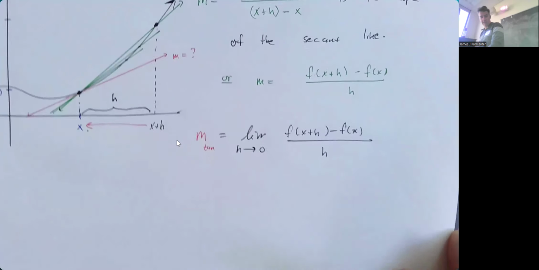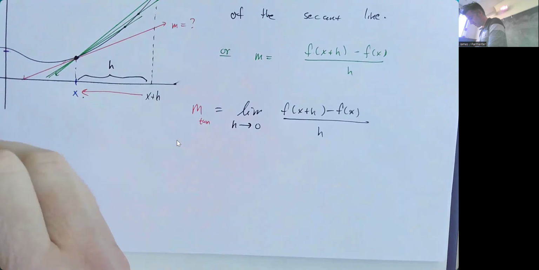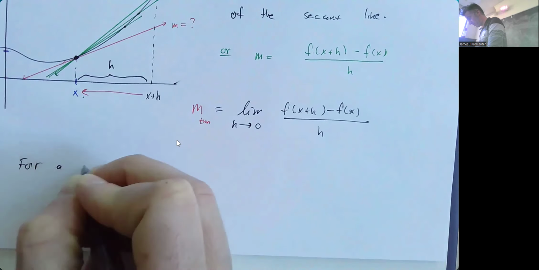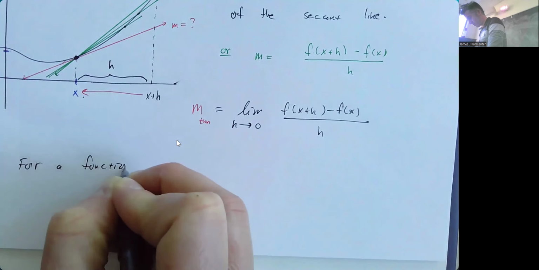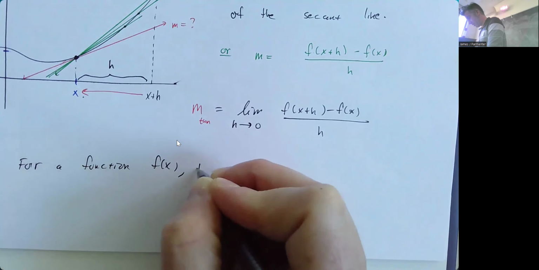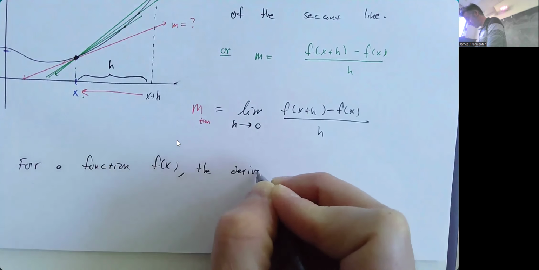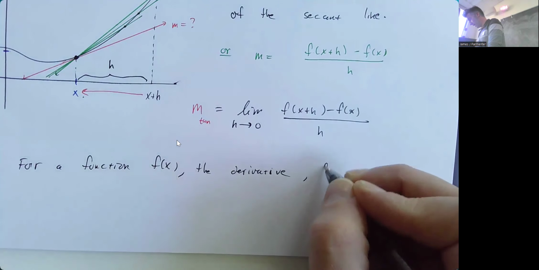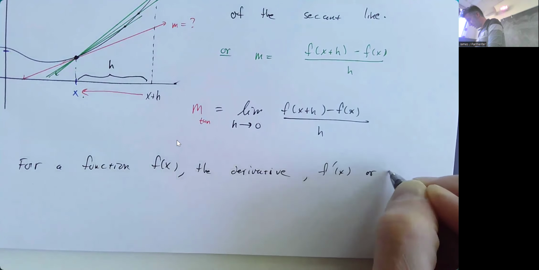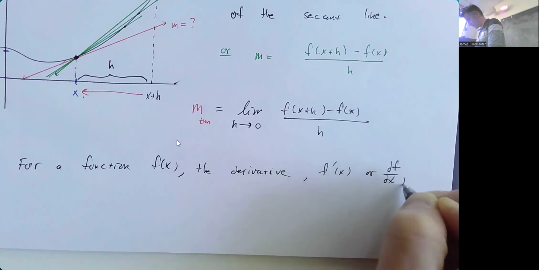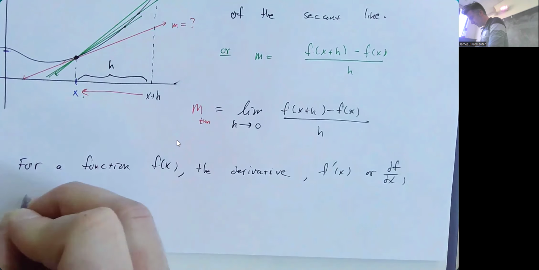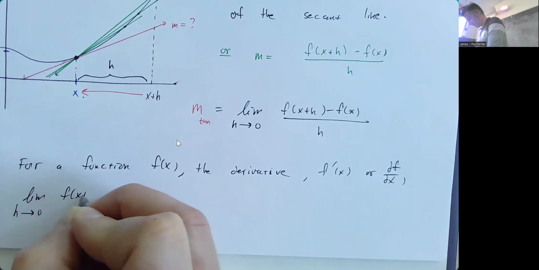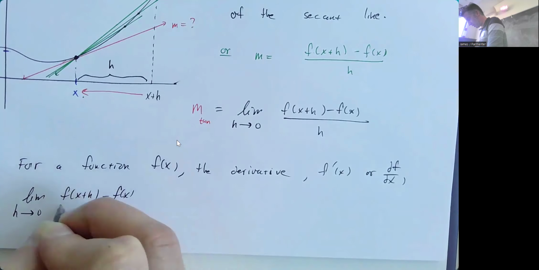So, definition: for a function f of x, the derivative, written as f prime of x or df dx, is the limit as h goes to 0 of f of x plus h minus f of x over h.